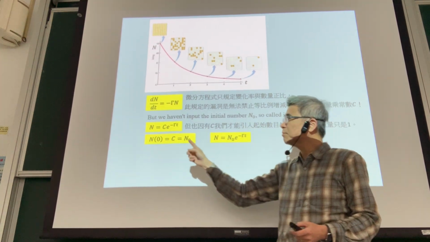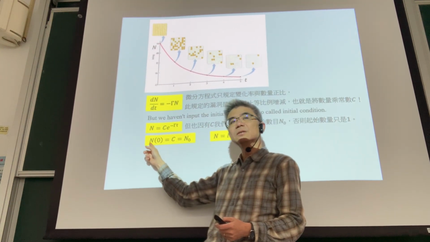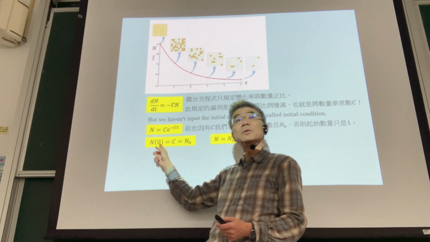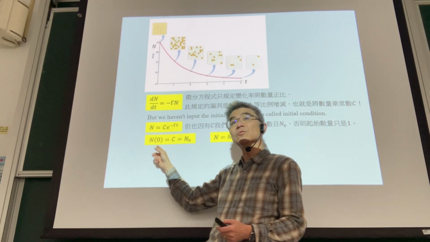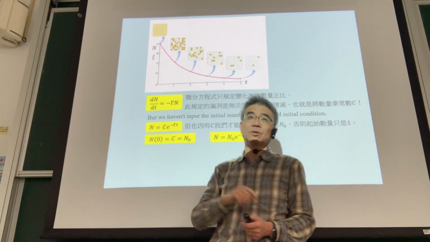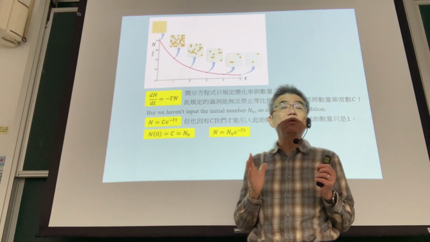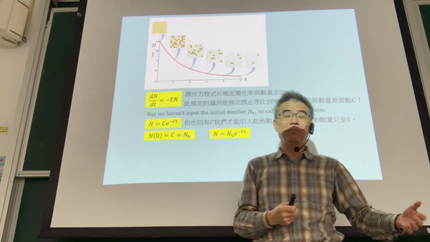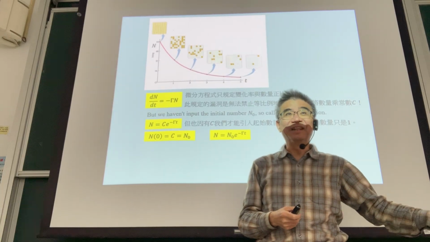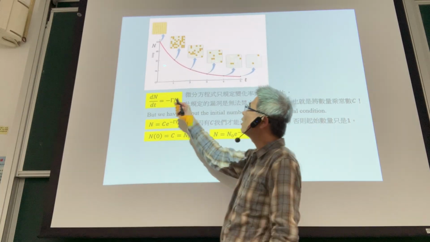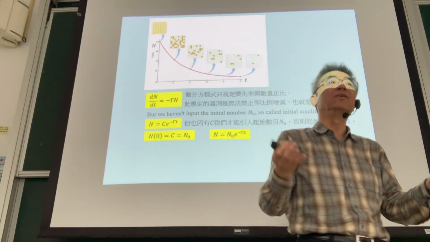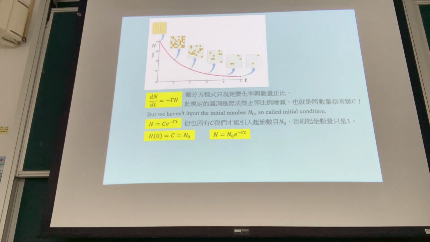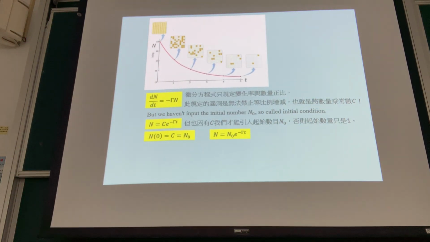N0 is the number of nuclei at the beginning, at time t equal to 0. If you did not tell me how many eggs are in the box, how could I tell you how many eggs there are in 10 minutes, right? You need to tell me the starting point. It's obvious from the physical point of view.